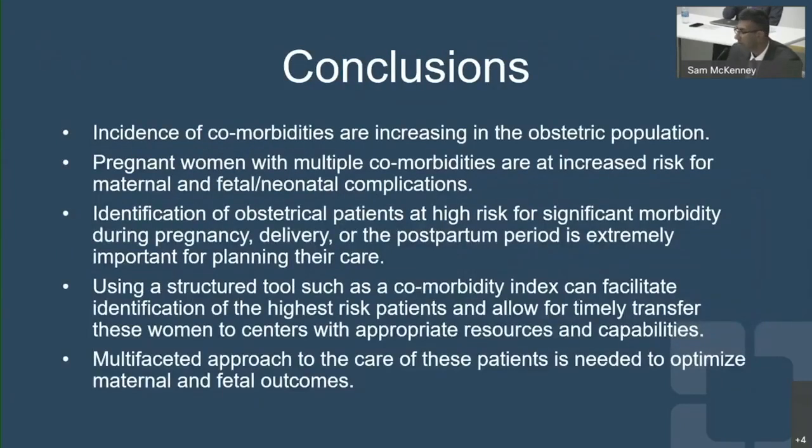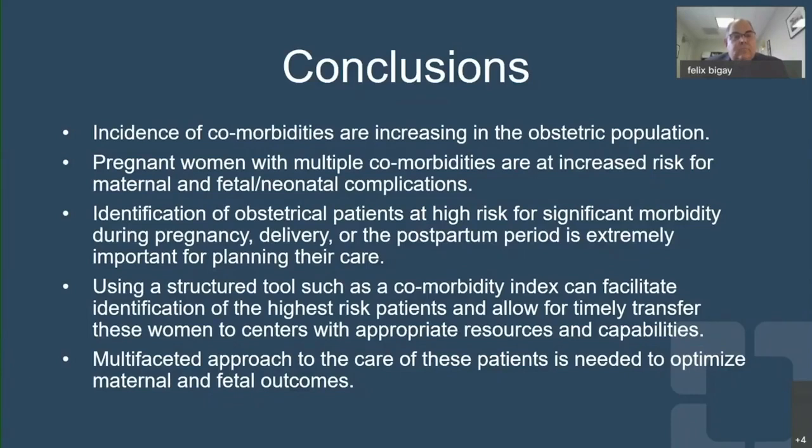So in closing, just wanted to say that the incidence of comorbidities is increasing significantly in the obstetrical population, and pregnant women with multiple comorbidities have a higher risk for complications, both maternal and fetal.